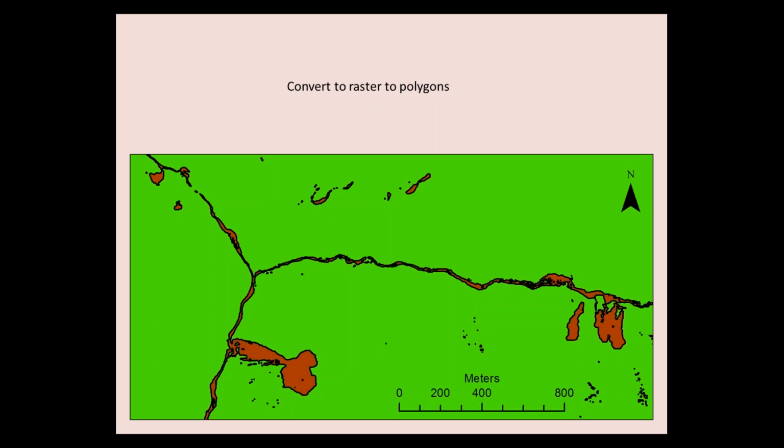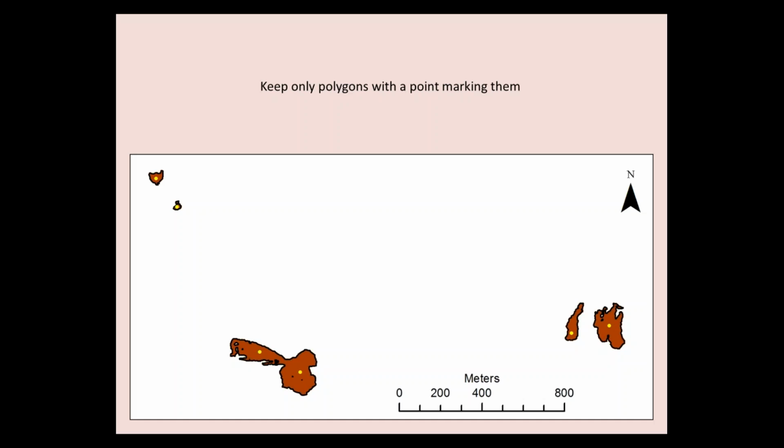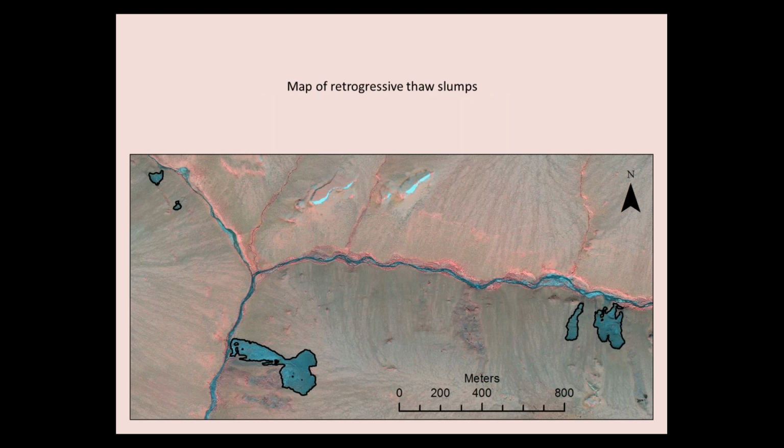And then overlay dots that came from digitizing all of the retrogressive thaw slumps, and then run a GIS operation where we say keep all the polygons that have a point in them. And so there we go. There's our map of retrogressive thaw slumps.